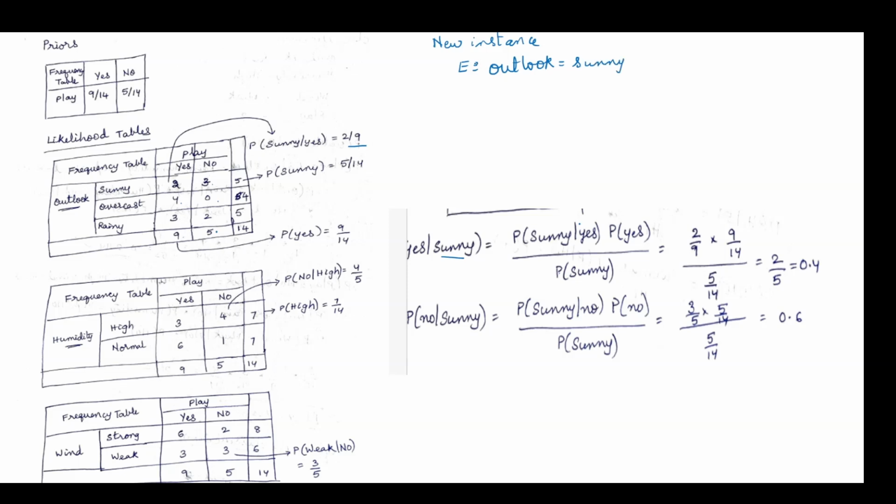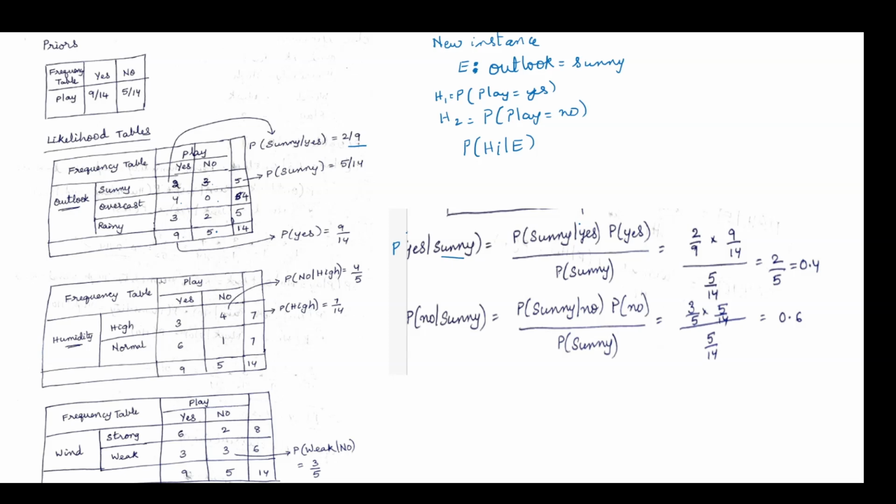Now we must evaluate H. H1 is P of play equal to yes. H2 is probability for play equal to no. We need to evaluate P of Hi given E for each of i equal to 1 and i equal to 2, which I have done here.